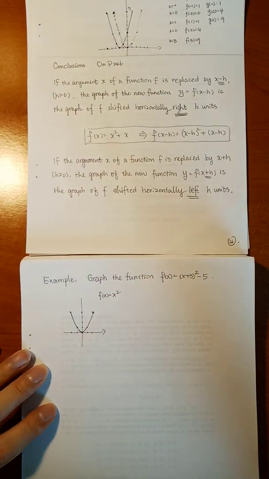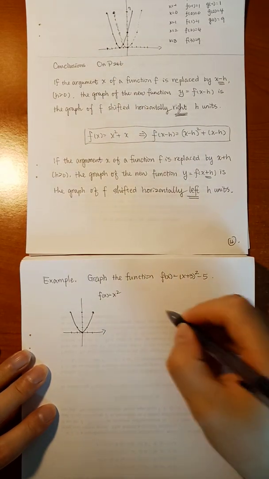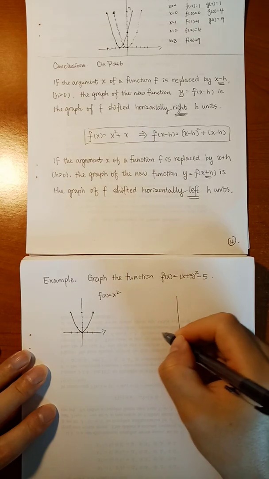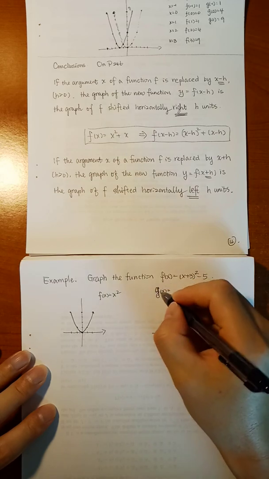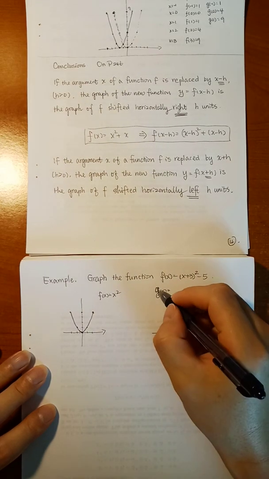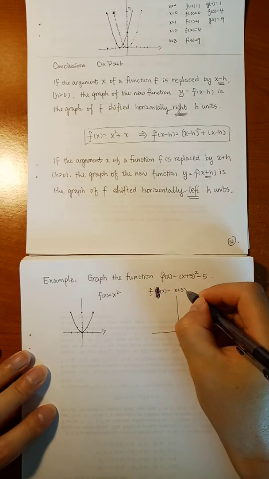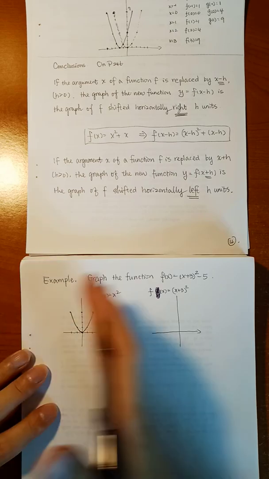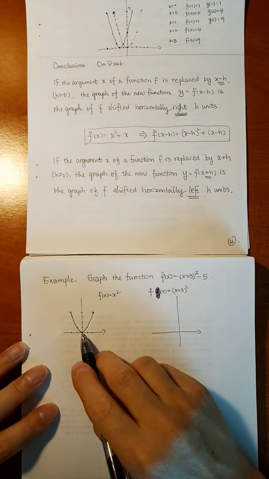f(x) equal to x squared, and then you see x plus 3, so we want to get g(x) equal to (x plus 3) squared. You shift it horizontally to the left, so everything you shift to the left 3 units.